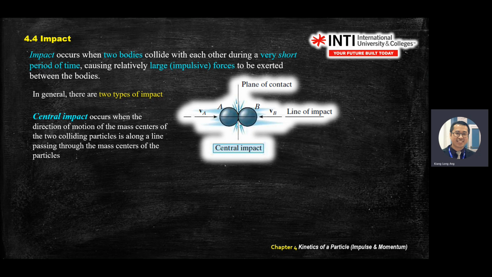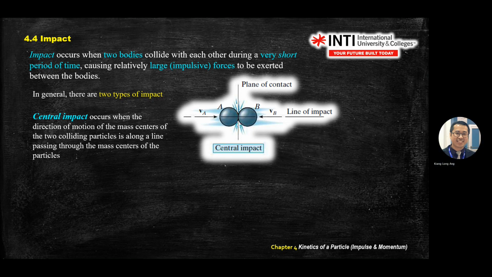On the diagram, object A has velocity VA and object B has VB, but they are on the same line of impact. Then there is a plane of contact. When two objects meet, there is a central face where they meet. That is called the plane of contact. This might come out in your test 2 or final exam.